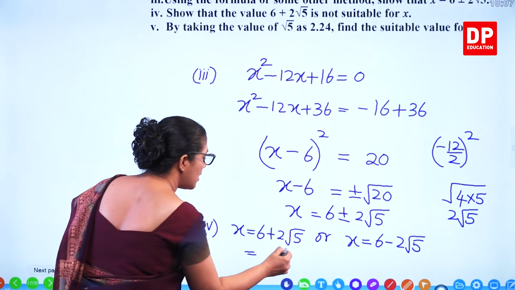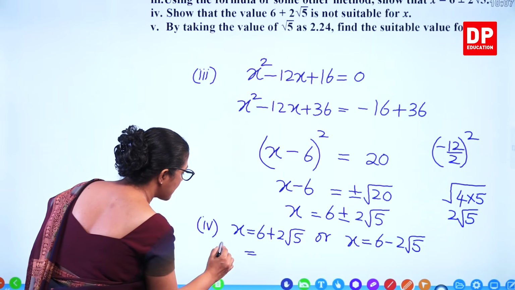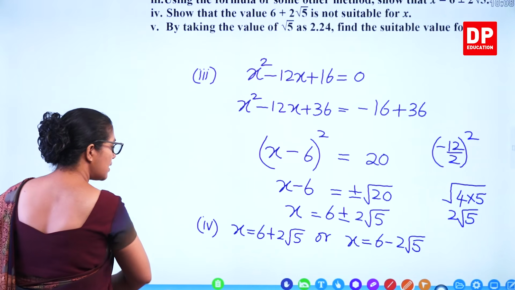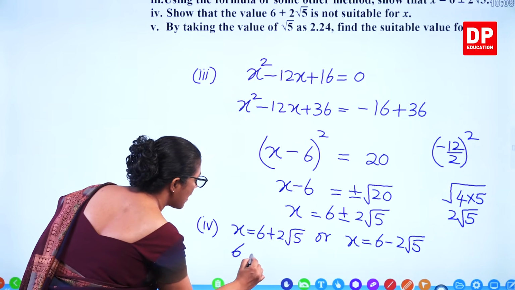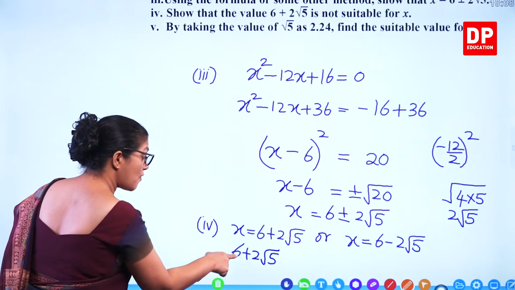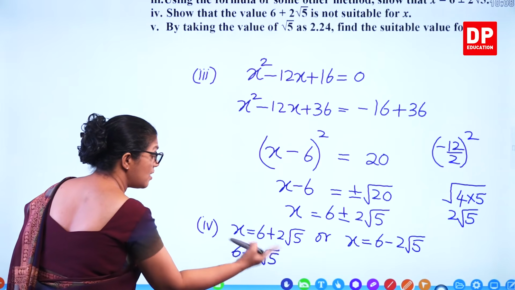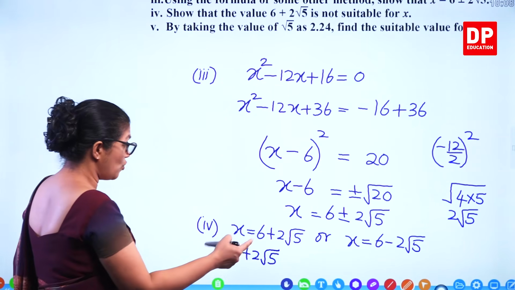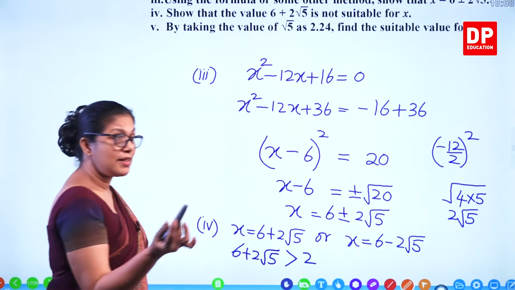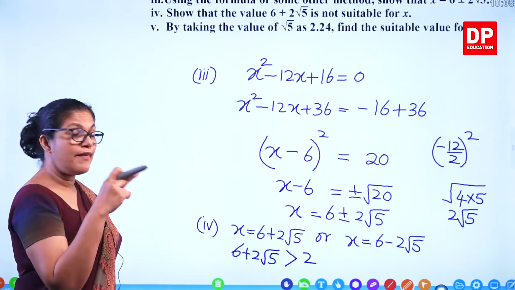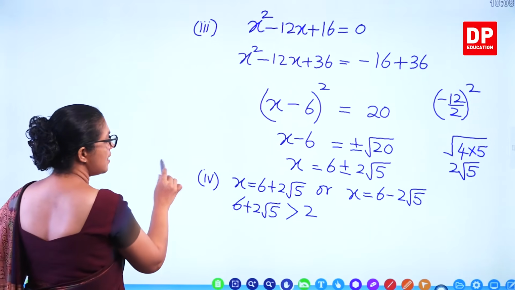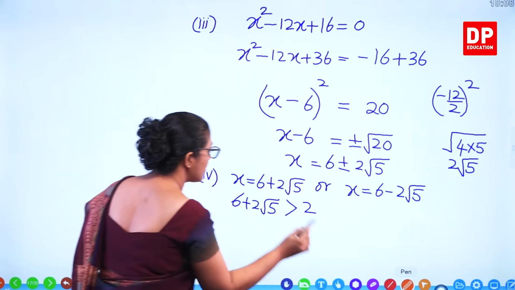So, here when you take x as 6 plus 2 root 5, you are getting 6 and adding another 2 times 2 point something. So, this is more than 2, but the breadth of the full rectangle is 2. So, you can write this length is greater than 2.